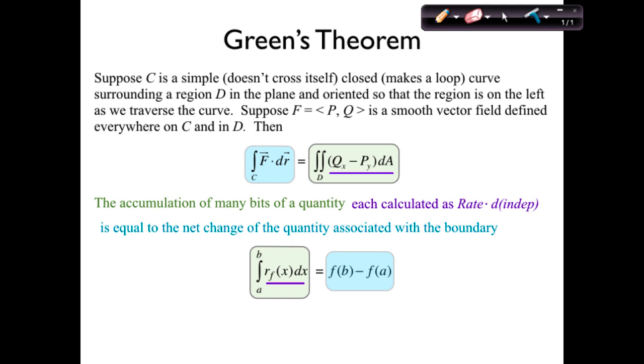And C is the boundary of D. Do you see that? So there's lots of parallelism here, but we've stepped it up an order of integration. So now a double integral, computing bit by bit over the interior, is equal to a single integral around the boundary.